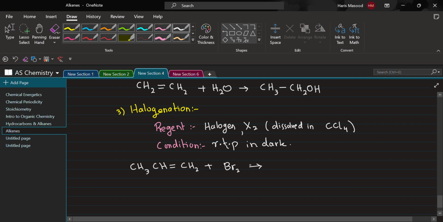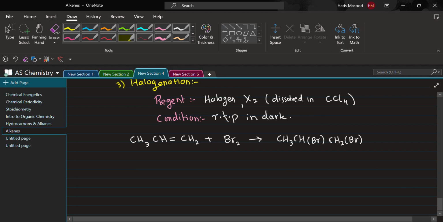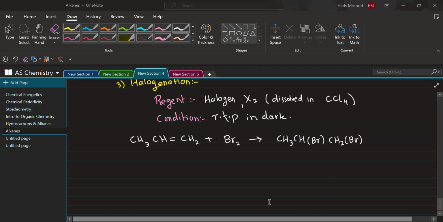Br2. It will be like CH3, CH, Br, and CH2, Br. You don't have to add the bracket in the end one, it's just optional. What will be the name of this compound?